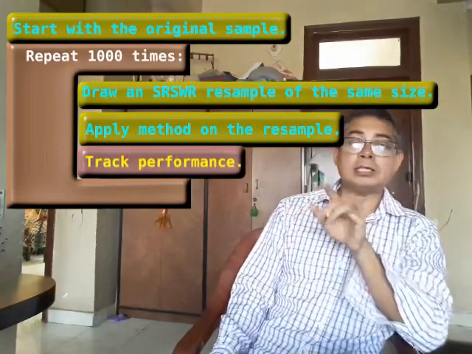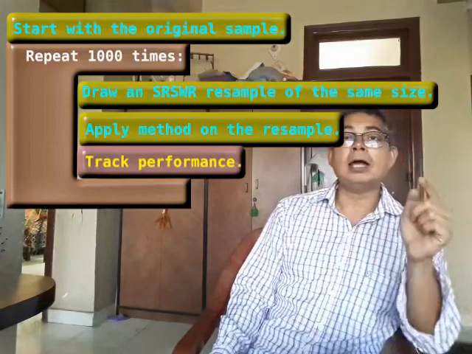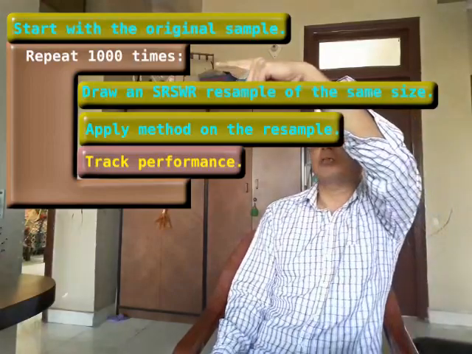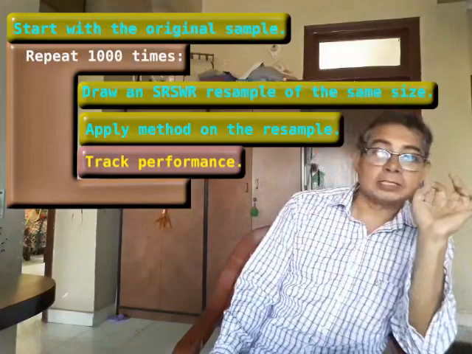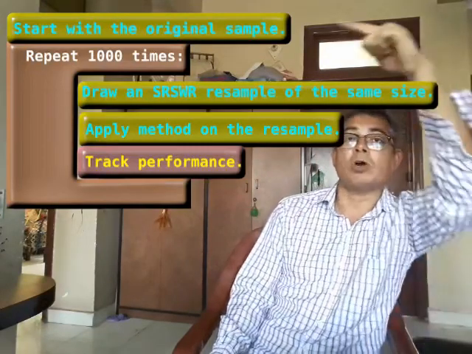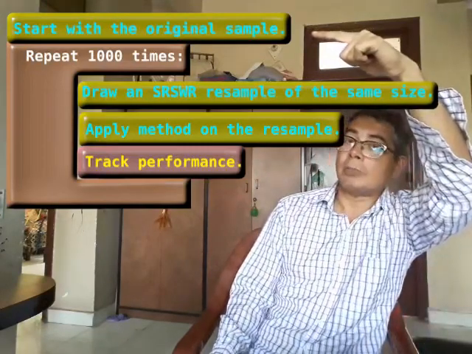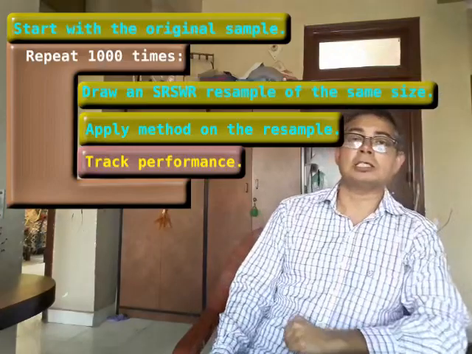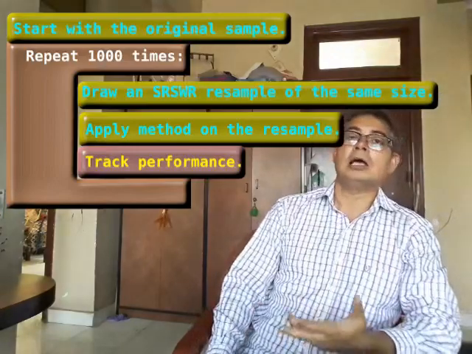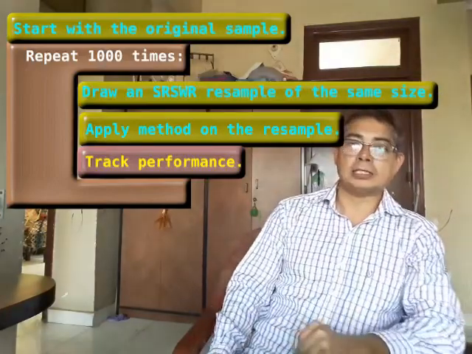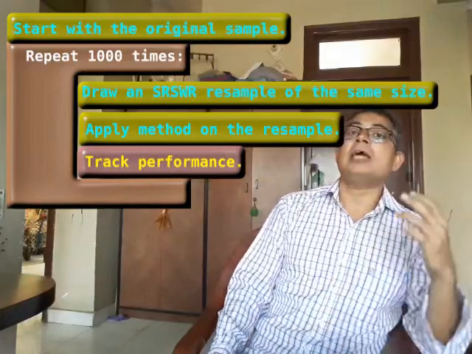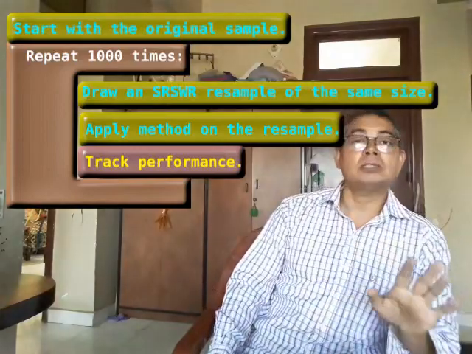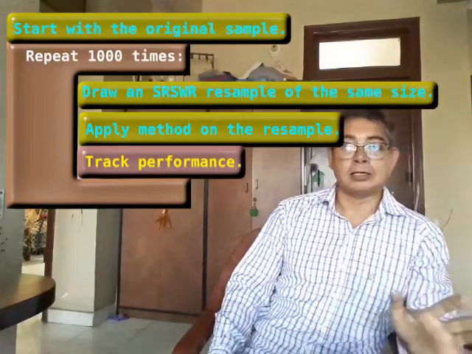So that difference is not going to go away merely by increasing this 1000 to something. That difference can be reduced only if your original sample size can be made larger, which, as any statistician knows, is always a desirable thing. Having a larger sample is, of course, a better idea. So you already have one sample, you do not have any further control to change that.